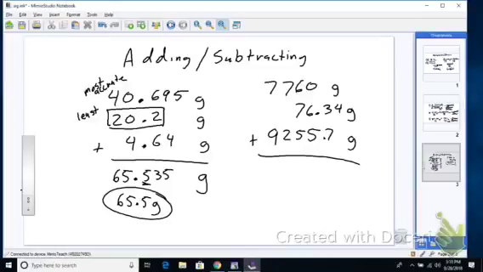Okay, so when we look at accuracy, this is the most accurate number here, and then this would be the least because it only goes to the 10 spot where the 6 is at. So when I add that all up, that's the last digit I'm supposed to show as significant.